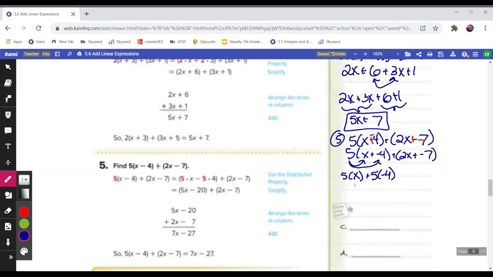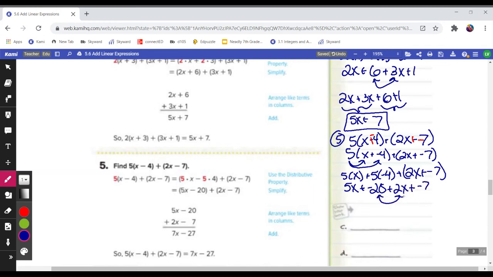5 times x is 5x, plus 5 times negative 4 is negative 20. Then I'm going to bring down my quantity 2x plus negative 7. Because I'm not multiplying anything but a 1 for the 2x plus negative 7, that's still plus 2x plus negative 7.